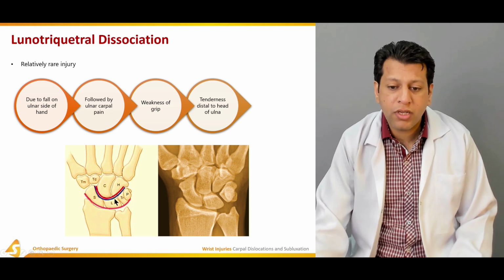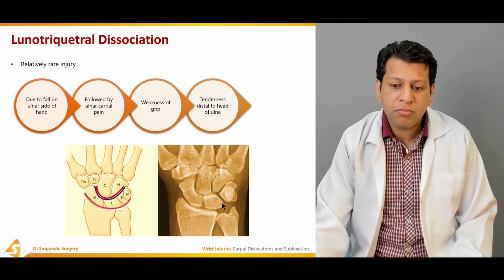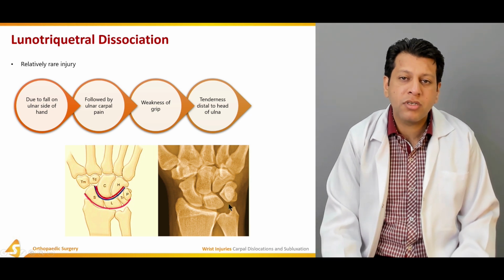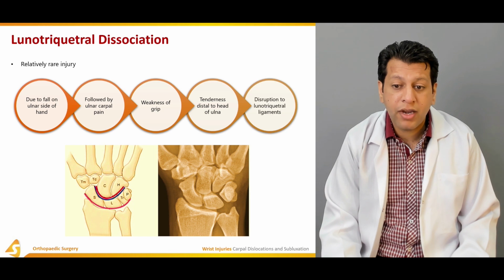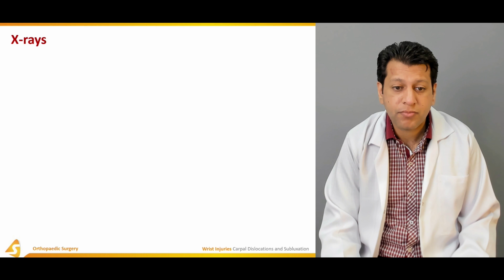If you see it over here, you can appreciate there is some degree of gap between the lunate and triquetrum, because there is a ligamentous dissociation, and disruption occurs at the lunotriquetral ligament level.